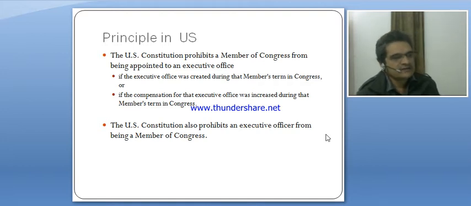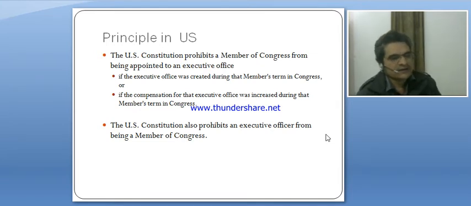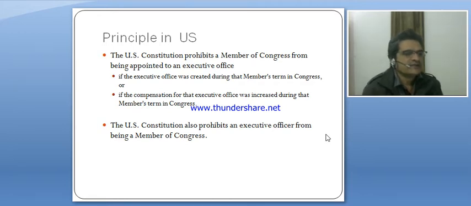So you can clearly see that the real intent here was that a member is not given any kind of inducement by the executive. Being a part of Congress, he should not be induced to join the executive where he has given some kind of favors in terms of voting, in terms of preferences towards a particular executive office.